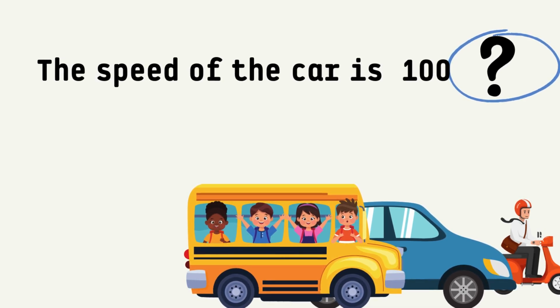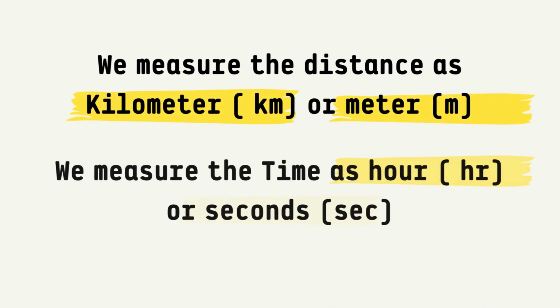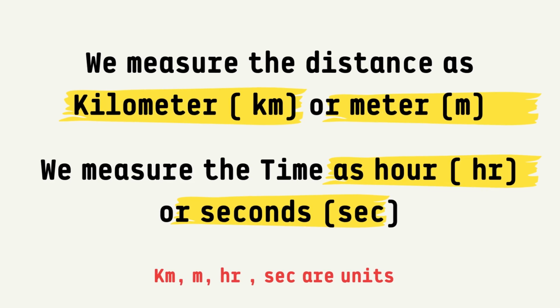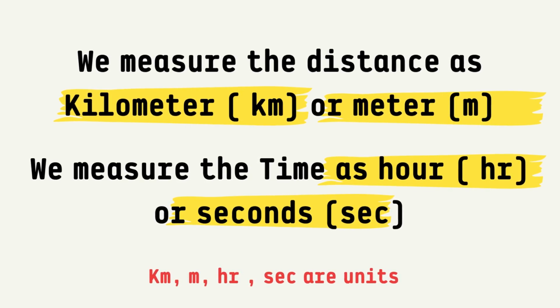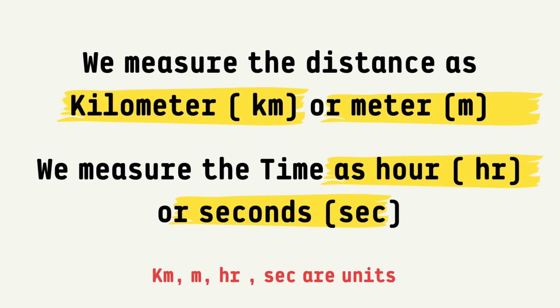Anything that we measure has a unit. If we measure a distance, we say 1 meter, half meter, or 50 centimeters. If we measure time, we say 1 hour, 2 hours, or by seconds, in 30 seconds or 10 seconds.